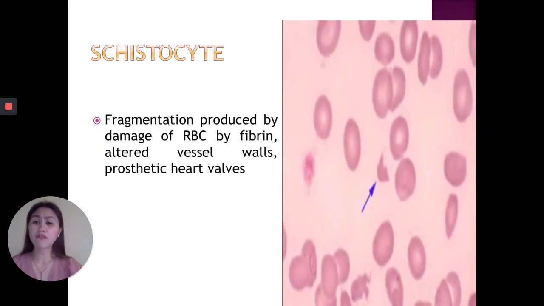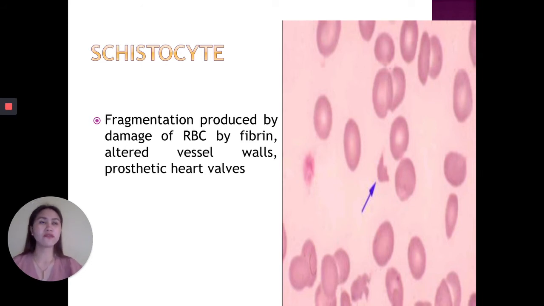Next, we have schistocyte. It is due to fragmentation produced by damage of RBCs by fibrin, altered vessel walls, and prosthetic heart valves. To explain this further, when your RBCs are trapped in the vessel walls, they tend to change in shape because they are going to be fragmented, especially if they are bumped against a lot of vessel walls and even prosthetic heart valves.